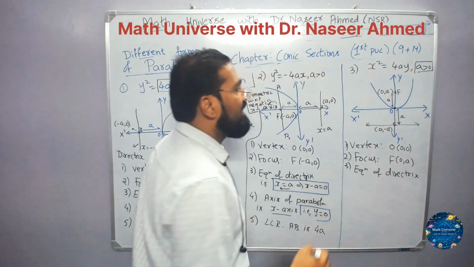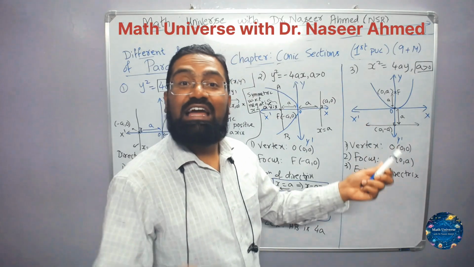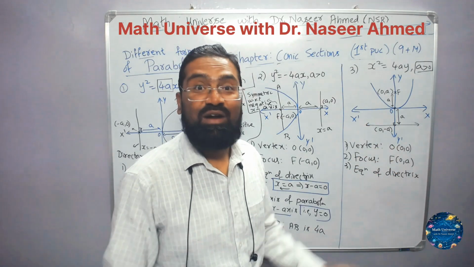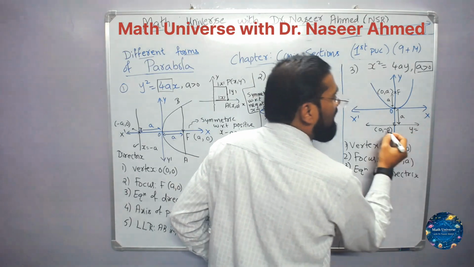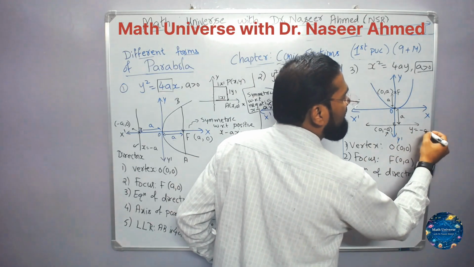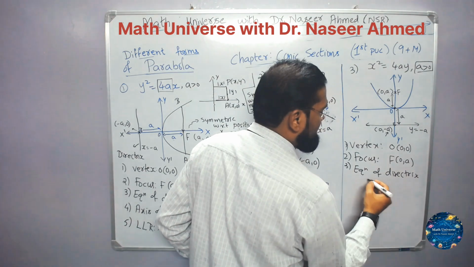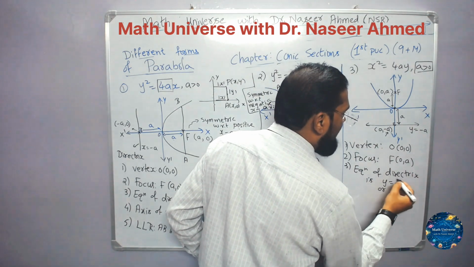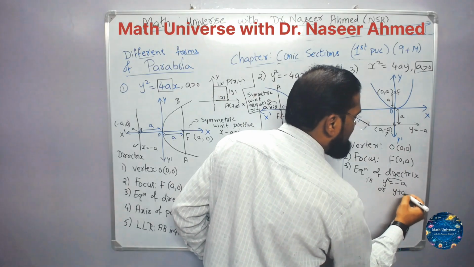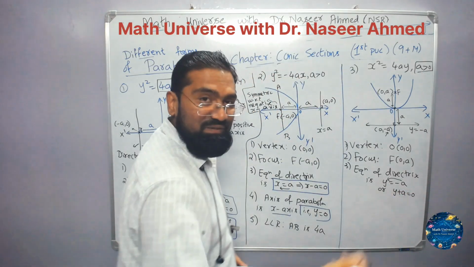Sir, why minus a? This is which part of the y-axis? Negative part. Yes or no? So this will be y equal to a constant, which is minus a here. So the equation of the directrix is y = -a, or transposing, y + a = 0.